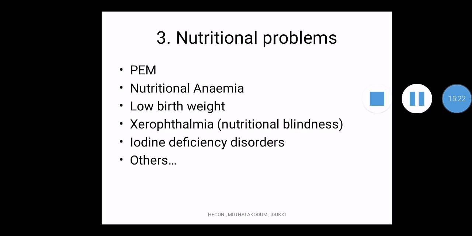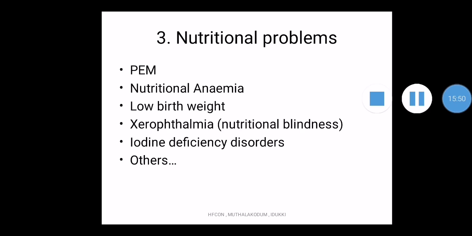Then xerophthalmia, which we can otherwise call nutritional blindness. It is also one of the issues in India, because in many areas they don't give much importance to the consumption of vitamin A, which can really cause temporary or permanent blindness. So this should be taken care of. And not only this, we have various other nutritional issues like iodine deficiency disorders, then fluoride problems.